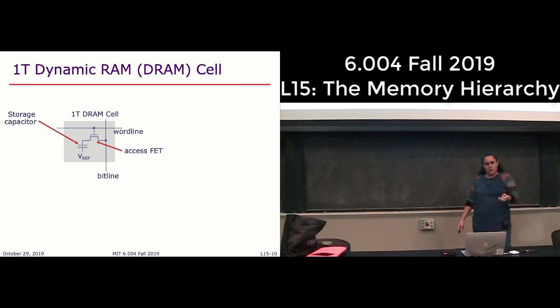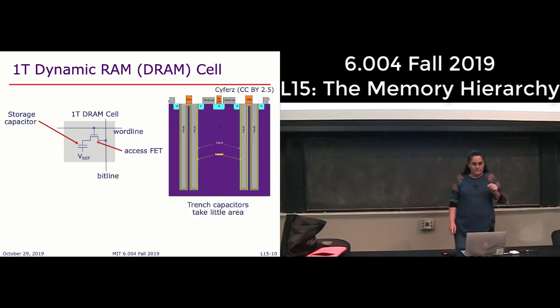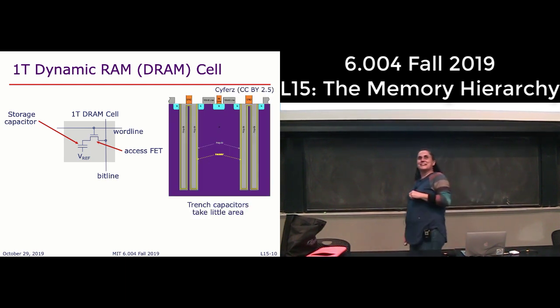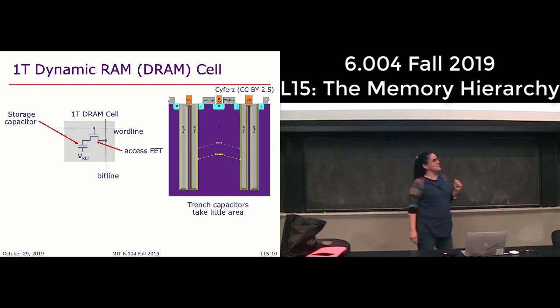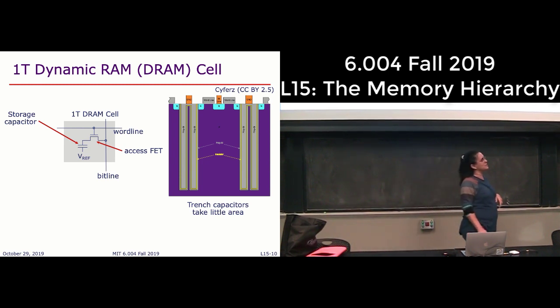Let's take a look at how one would go about using this cell. Actually, sorry, let me first talk a little bit about how these are actually designed in the chips. What's typically used for DRAM cells is what's called a trench capacitor.